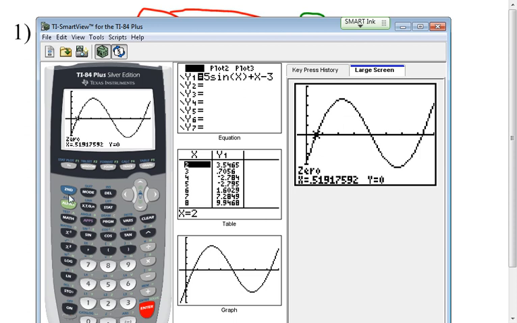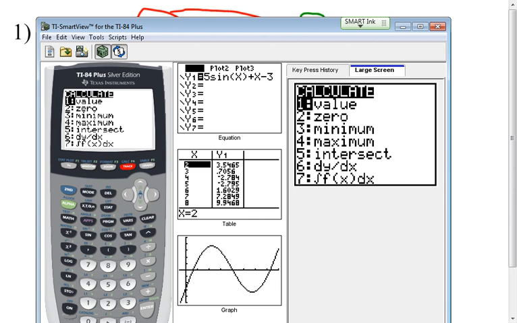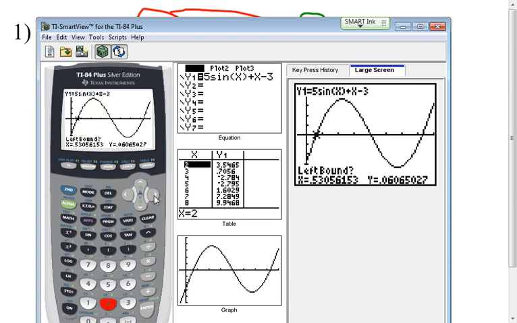Okay? I'll repeat that process. Second trace, number 2, and then I will scroll a little bit left of that intersection point, hit enter, a little bit right of that intersection point, hit enter, right on that intersection point, hit enter, and your next answer is 3.177.